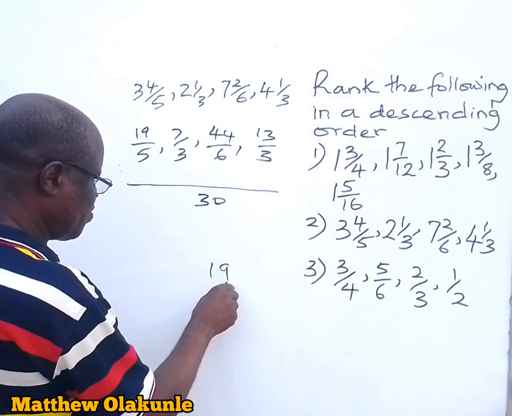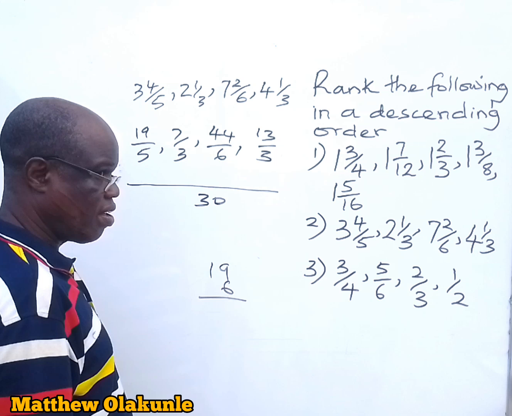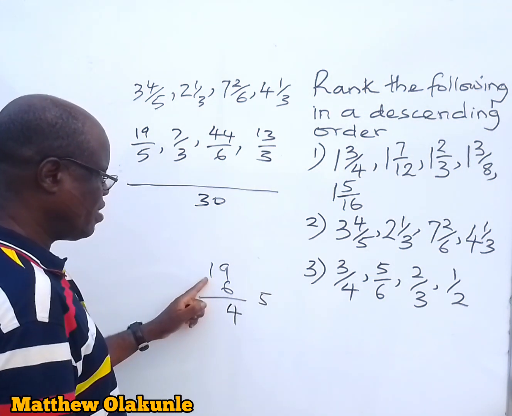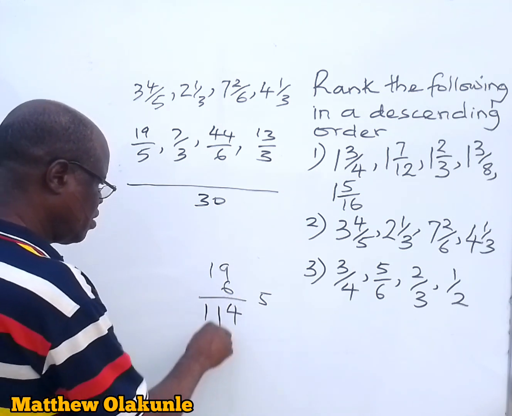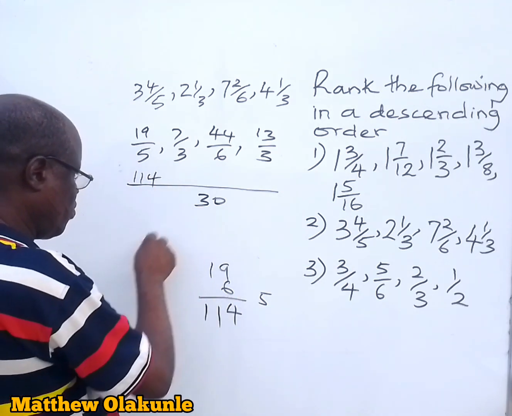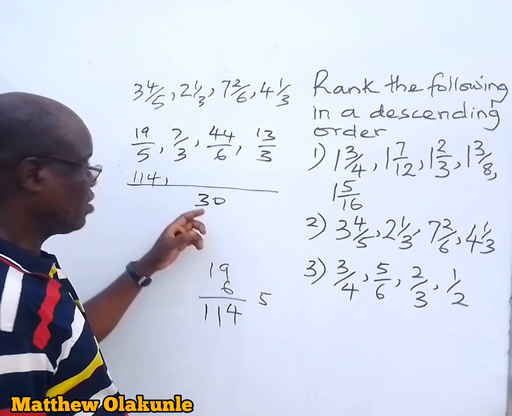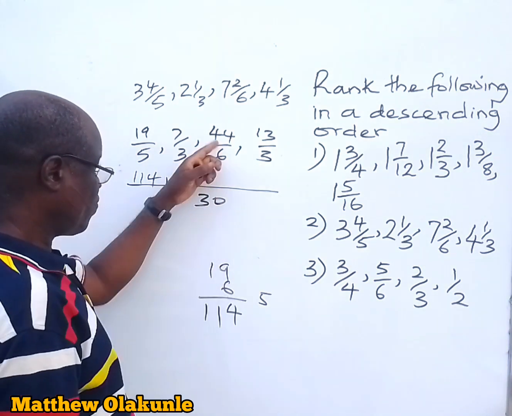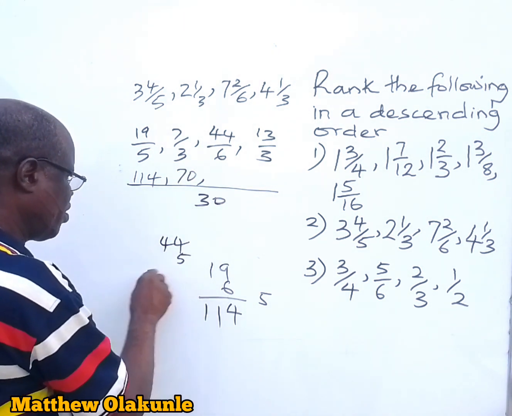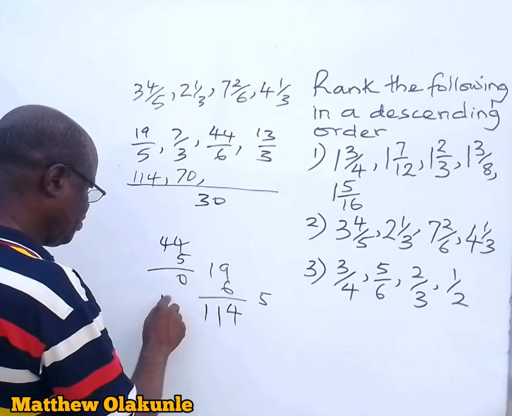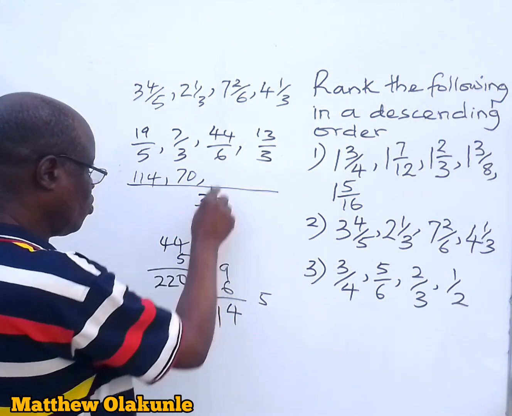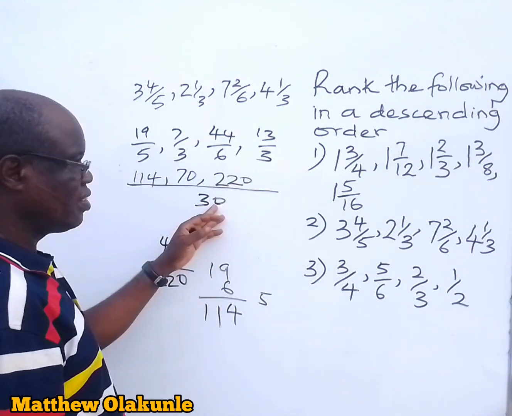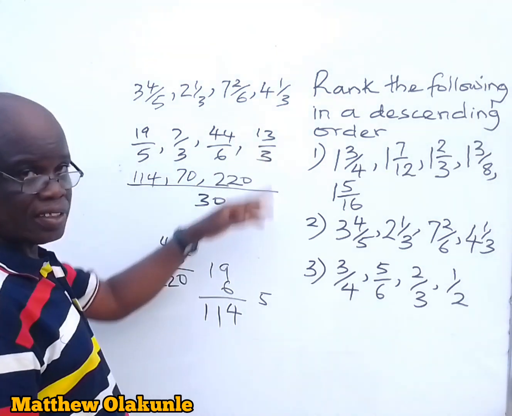So 19 times 6 is 114. 3 in 30 is 10. 10 times 7, 70. 6 in 30, 5. 5 times 44 is 220. Then 3 in 30 is 10. 10 times 13 is 130.